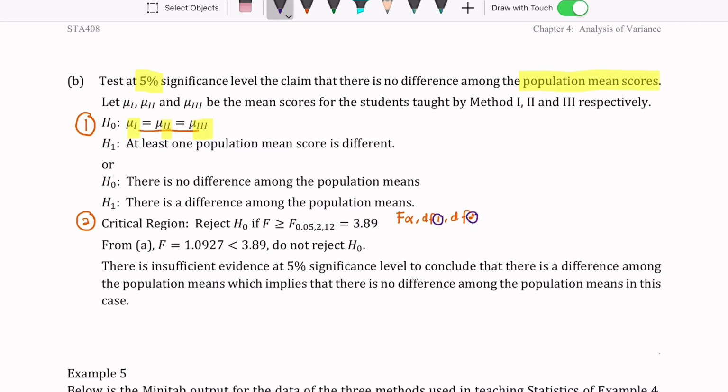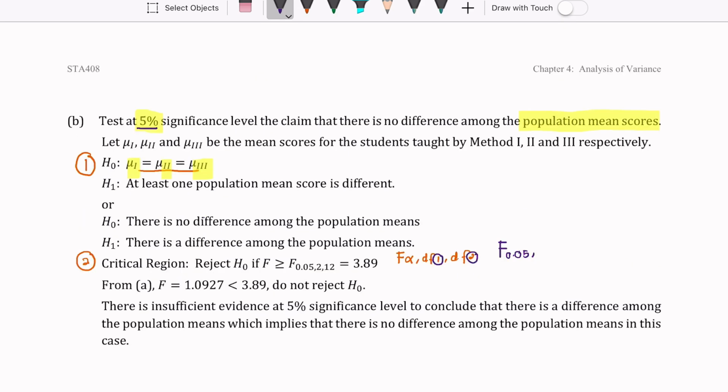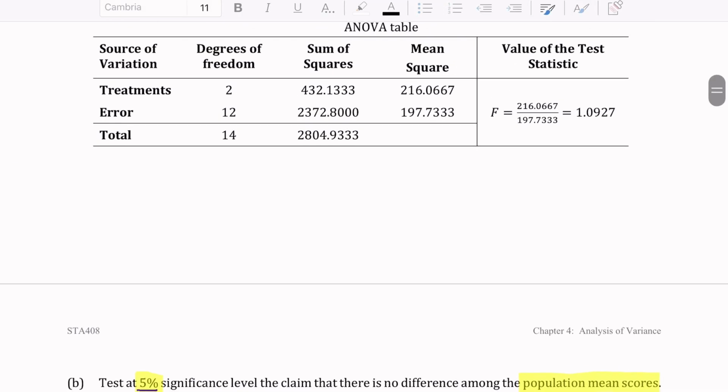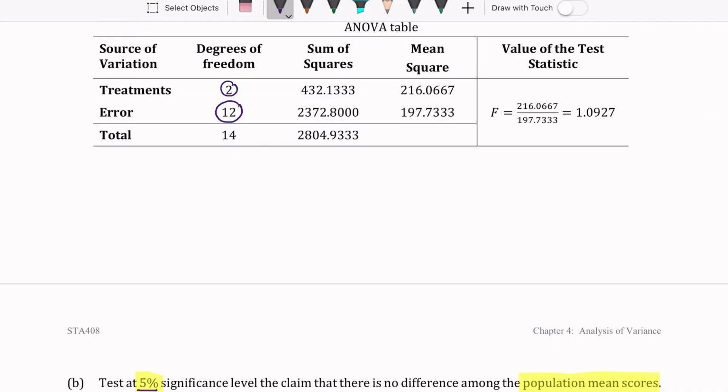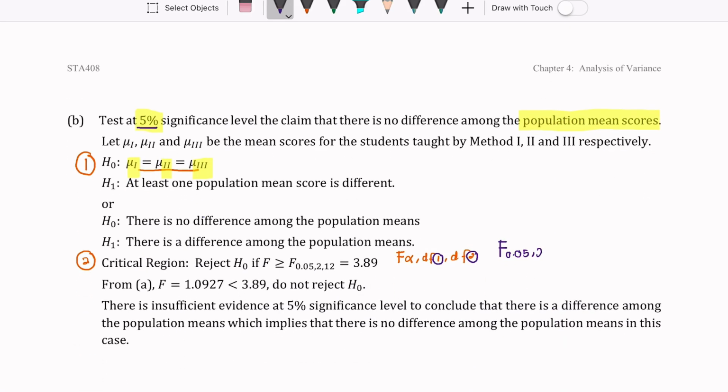Since your alpha is 0.05, therefore you have the critical value F 0.05. The degrees of freedom of numerator and denominator we have to refer to our ANOVA table. Degree of freedom of numerator is 2 and degree of freedom of denominator is 12. If you look at the F table, then you have the value of 3.89.